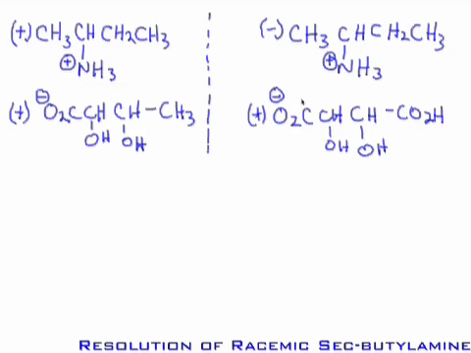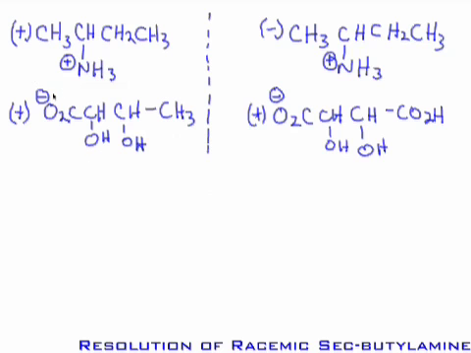Effectively, what we're saying is once we've added this identical enantiomer of tartaric acid to sec-butylamine, the two enantiomers are no longer mirror images. And when you are no longer mirror images, you now become stereoisomers that are not mirror images, that are non-superimposable. You become diastereomers. And whereas enantiomers had identical physical properties, diastereomers now have different physical properties.